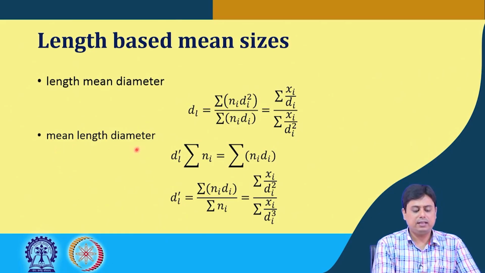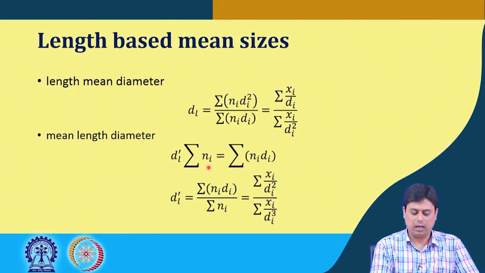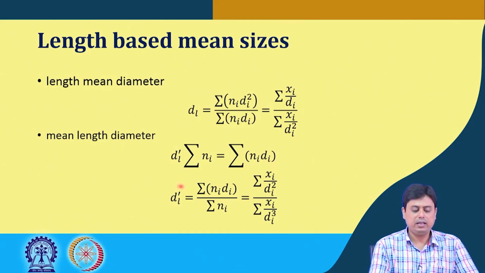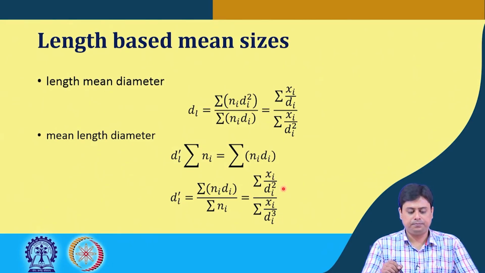For the mean length diameter, a similar kind of definition we have put: if d prime L is the mean length diameter of that sample, it is multiplied by the summation of number of ith particles, which basically equals the total ni di, and we get the mean length diameter by number distribution, and this on the extreme right side is by mass fraction distribution.